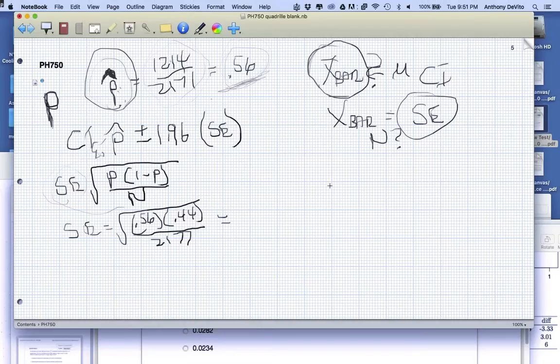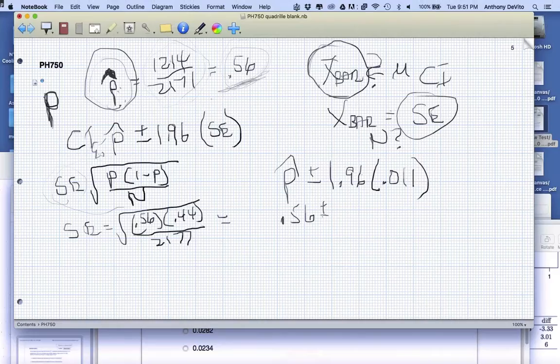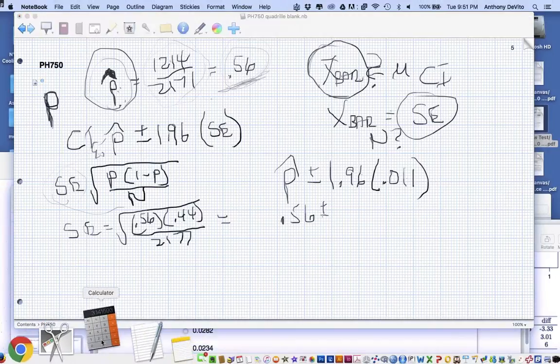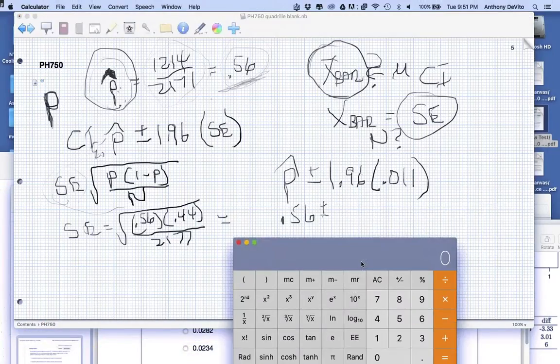Okay, so I'm going to call it 0.011. My confidence interval is going to be equal to p cap plus or minus 1.96 times 0.011. So p cap is 0.56 plus or minus 1.96 times 0.011. Let's go ahead and calculate that out. 1.96 times 0.011 is equal to 0.02.